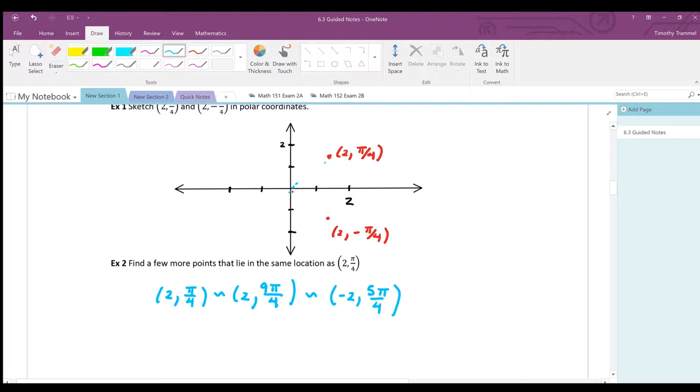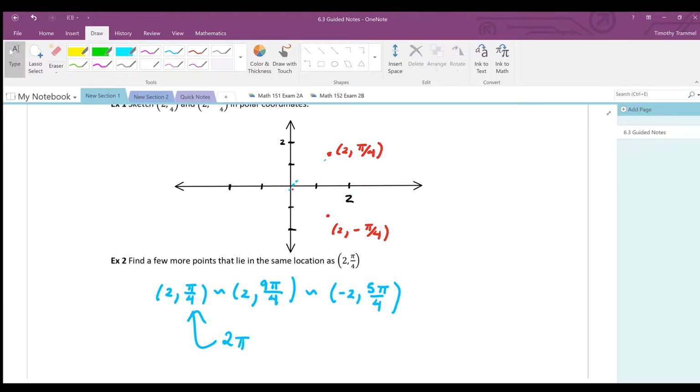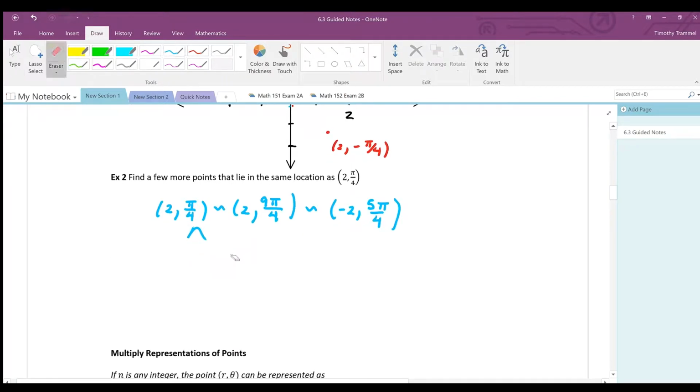And remember, we can just keep adding multiples of 2 pi to this pi over 4, and we'll keep ending up with points that lie in the same location. This is similar to the idea of a coterminal angle. And the same thing could be said about all these.